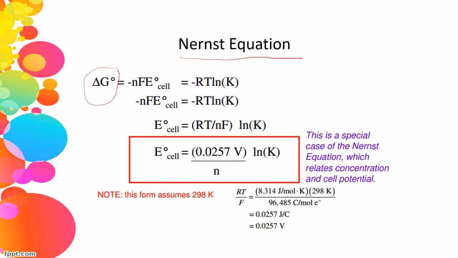In this case, delta G naught equals minus nFE naught cell equals minus RT ln K. So at the end, what you will get is E naught cell equals 0.0257 volt divided by n, the number of electrons transferred, times ln K. This is a special case which relates concentration and cell potential.